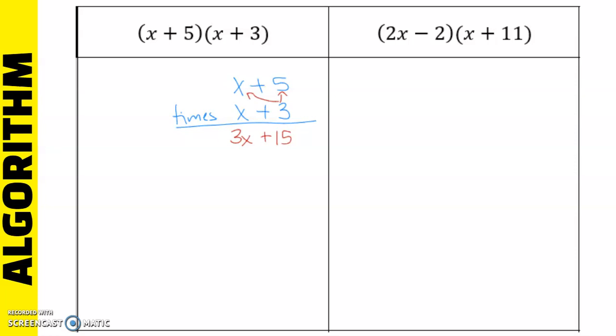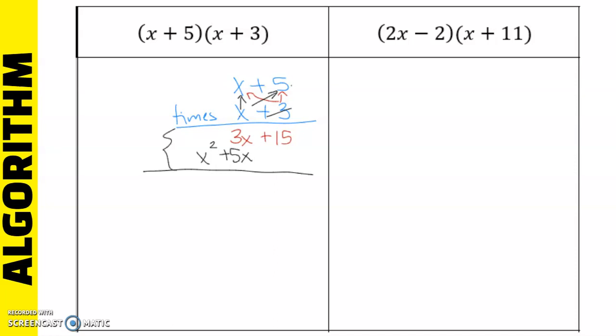All right, so we did the 3. And now I do the same thing with x. So x times 5 is 5x. I'm going to stack that under the like term. So there's my 5x. X times x is x squared.